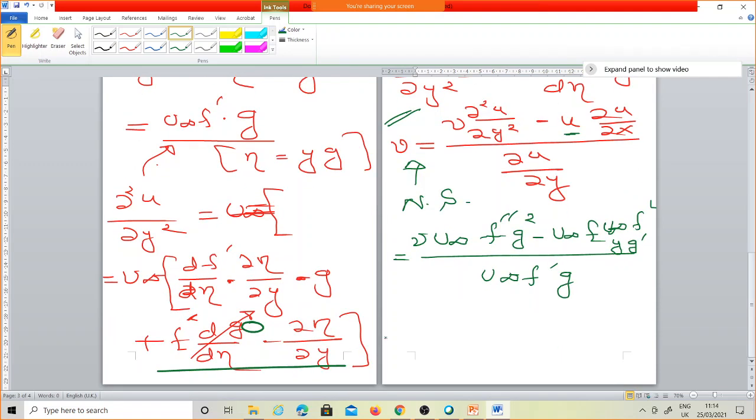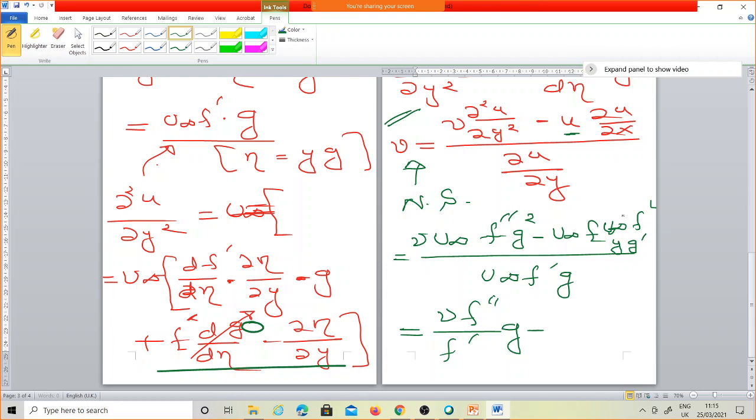Okay, so if we simplify it, what you will get? I try this by this minus this by this. Then u infinity will be cut down. You will have mu f double prime divided by f prime, and then we have g square, g cut down, we will have g. Minus, u infinity will be cut down.